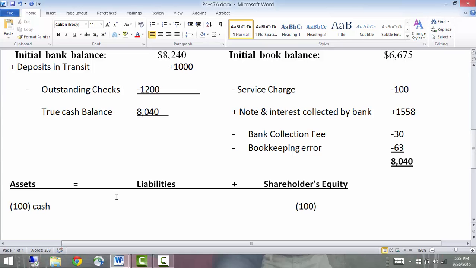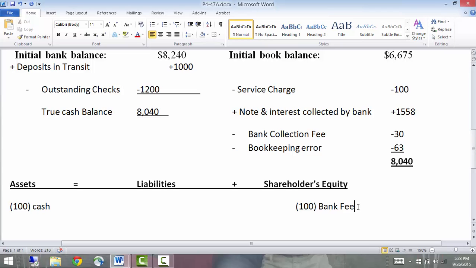So we have to record it as a bank fee, or a bank service expense, or a bank service charge. Any of that terminology would be okay, but it is an expense, so it's going to show up on our income statement, and it's also in the retained earnings column. Okay, so now our accounting system is updated for that charge.